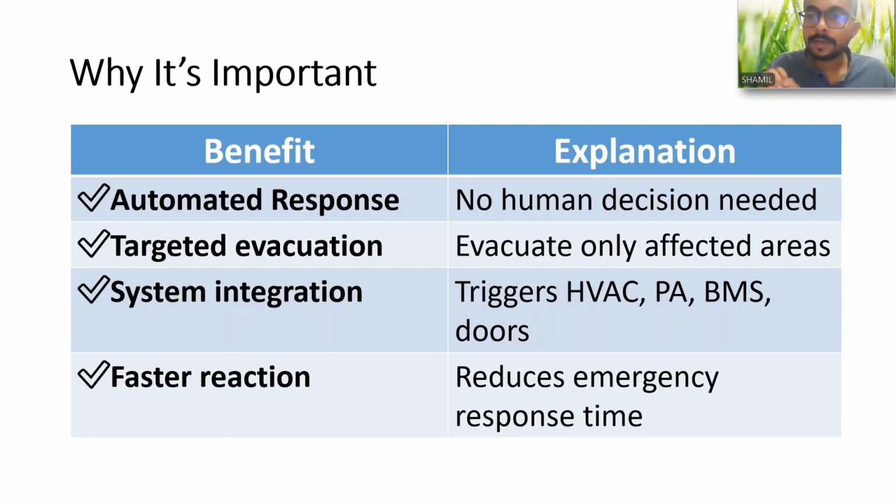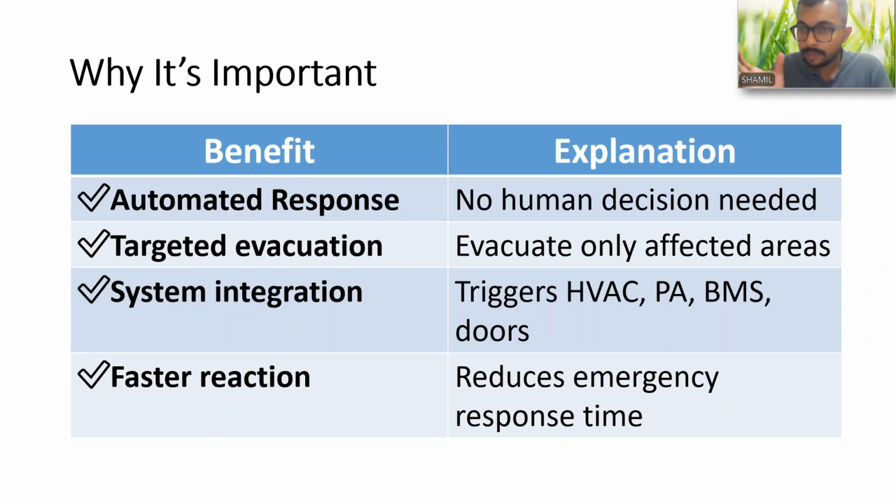The third benefit is system integration. The fire alarm system is interfaced with other systems such as BMS, access control system, and HVAC, and this integration is possible through the cause and effect logic. The last one is faster reaction. It all happens immediately.